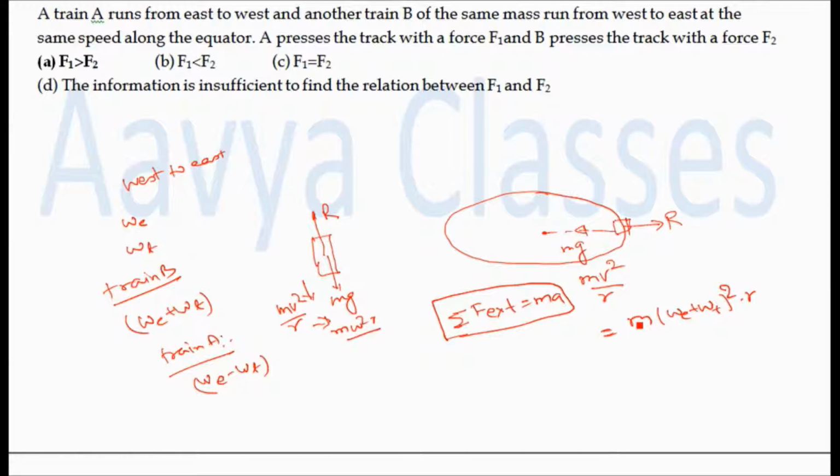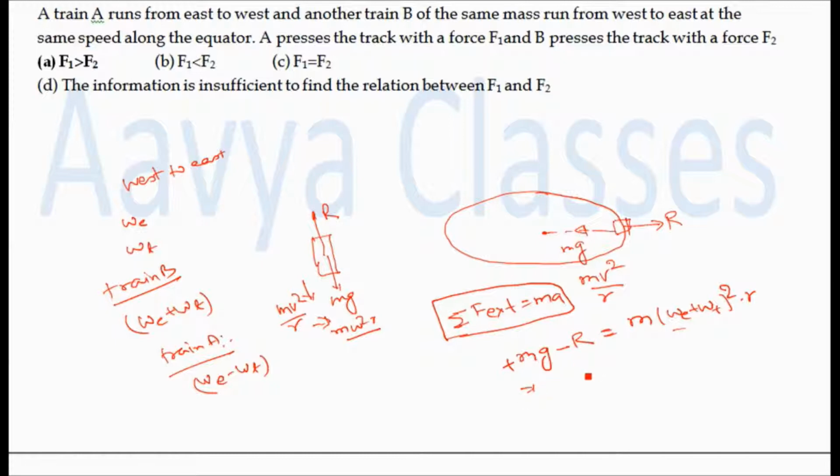So this is our centripetal acceleration, in fact this is our centripetal force. Now we will take this direction as positive, and this is towards the center, so we will take the force towards the center with a positive sign, and the force opposite to the center with a negative sign.